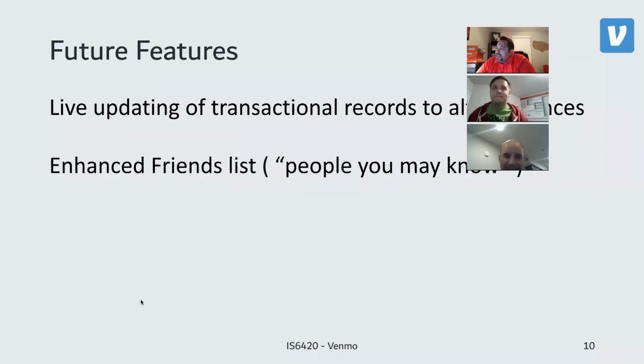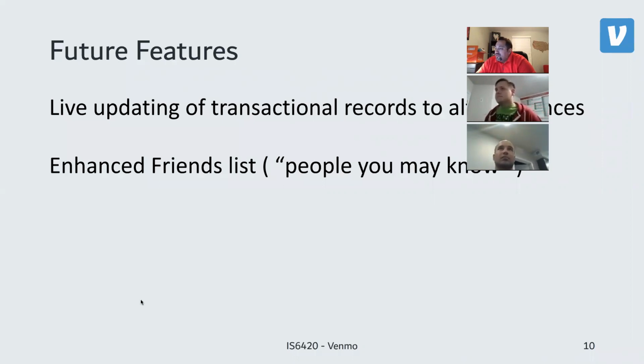All right, before I get into the SQL, thanks, Joel, appreciate that. Some future features we're working on or still want to work on is live updating of a transactional record to alter the balances. So if a user makes a payment from their Venmo balance, it would automatically deduct that balance.